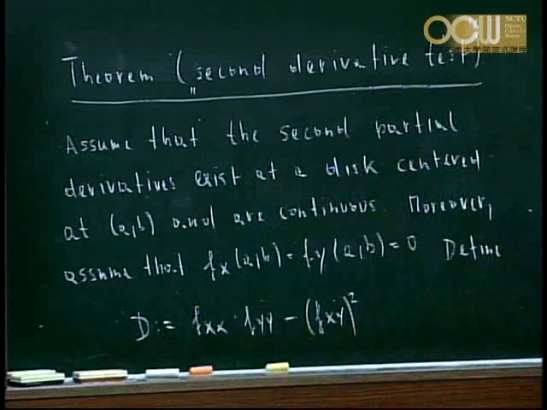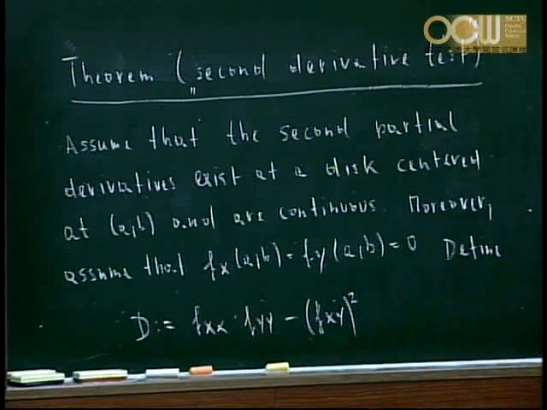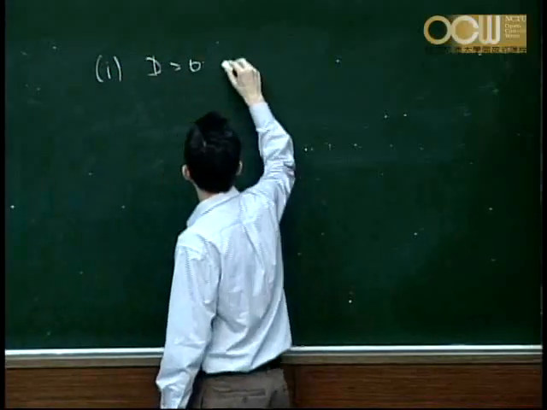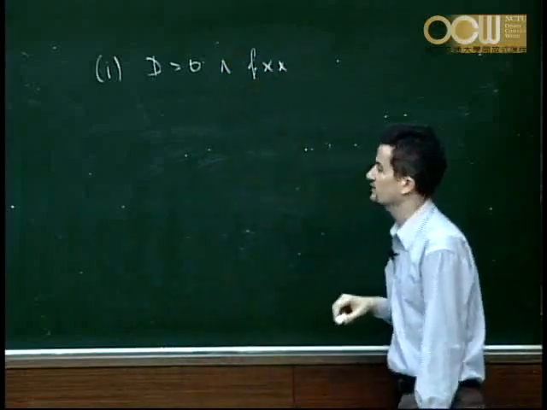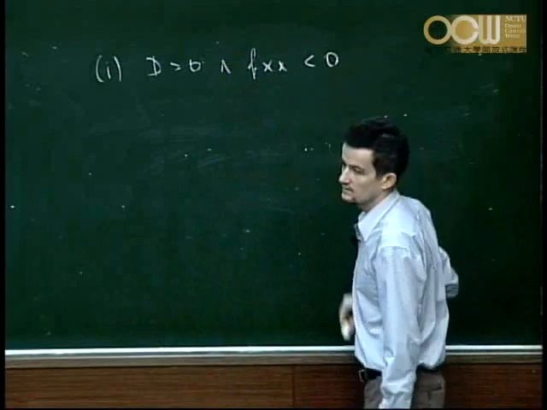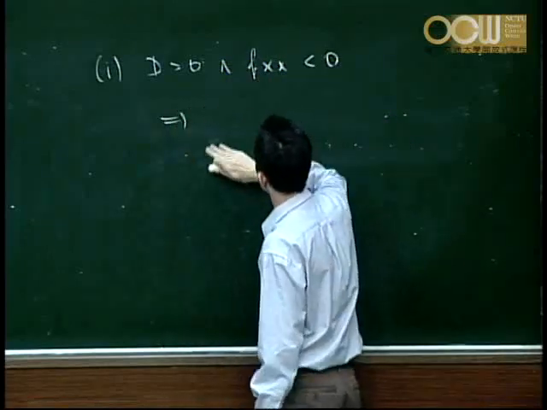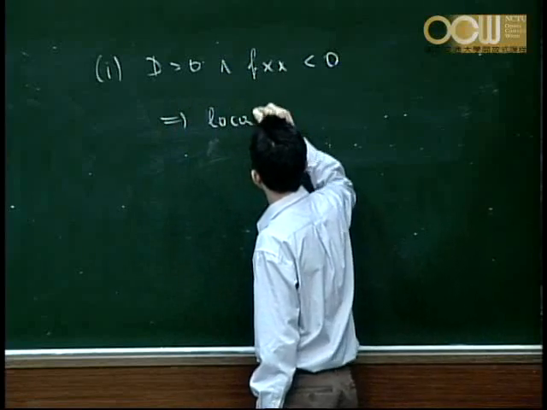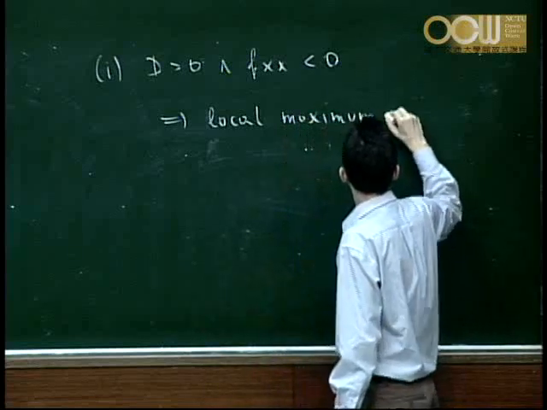Then you have the following cases. So essentially you have to look at the sign of this D here. So the first case is D is larger than 0 and the second partial derivative with respect to x is smaller than 0. So if you have this case, then you have a local maximum at (a, b).